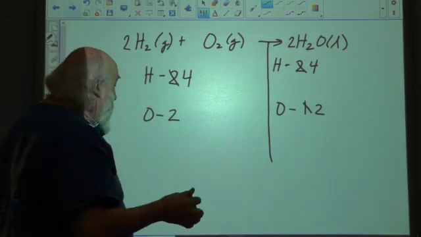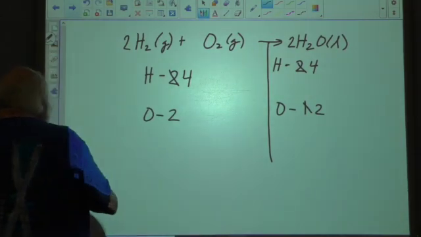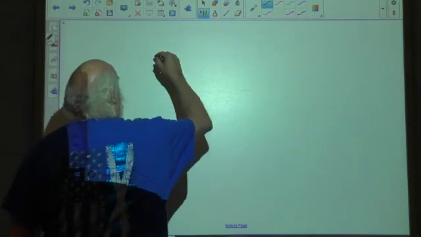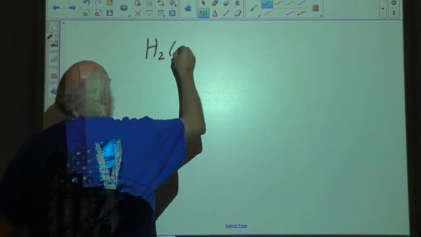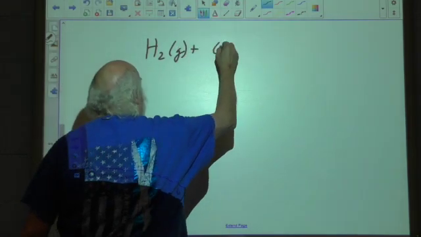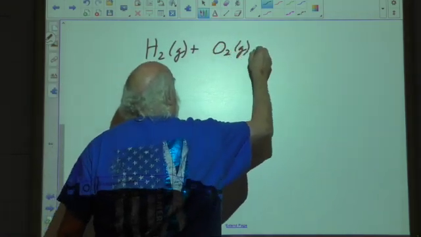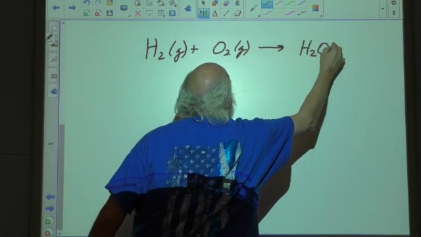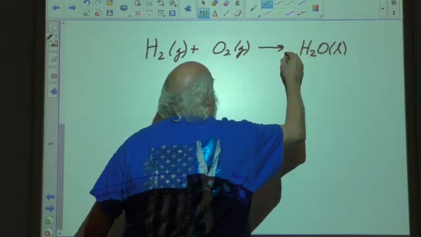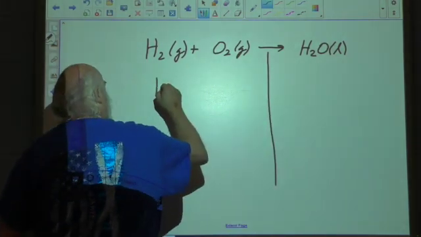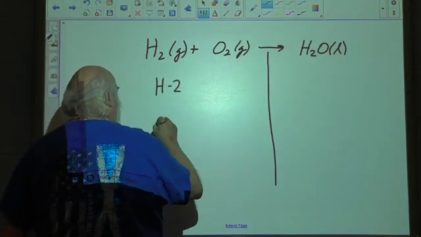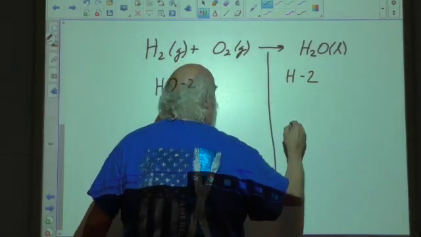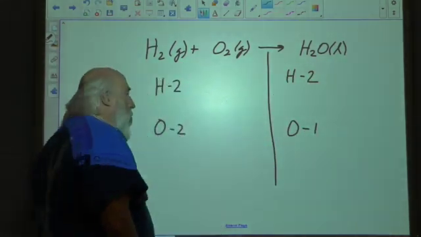As some of you probably know, there's another way we could have done that, and it would be just as correct as what we just did there. And that is this. 2 hydrogens here, 2 oxygens here, 2 hydrogens here, 1 oxygen here.